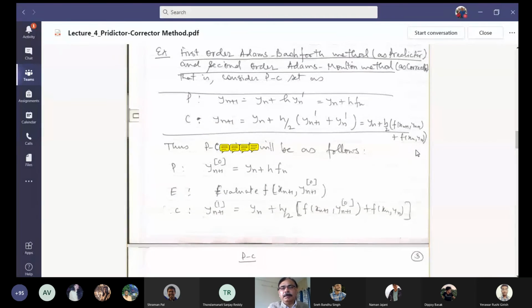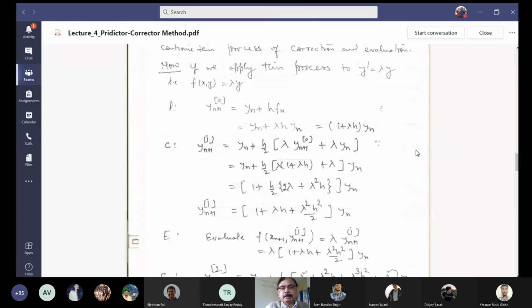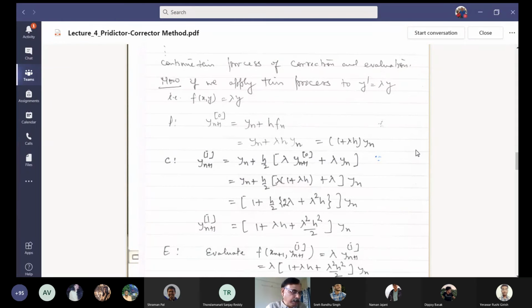This was the test problem y prime equal to lambda y. You apply this and let us see whether you are able to understand that or not.